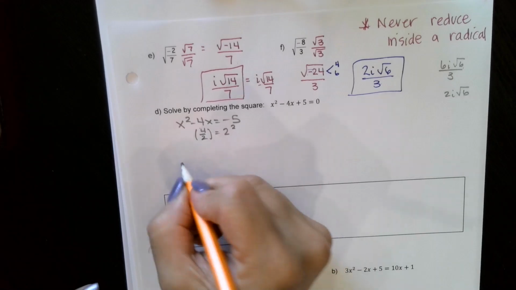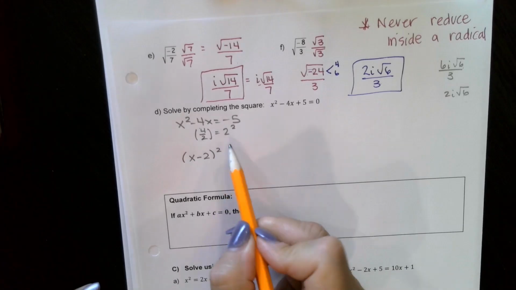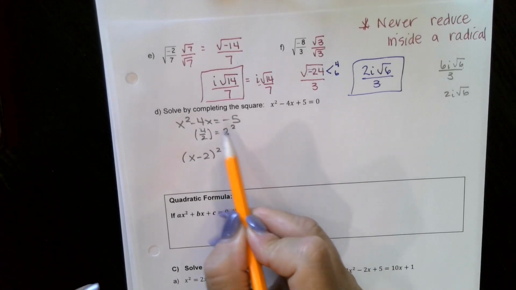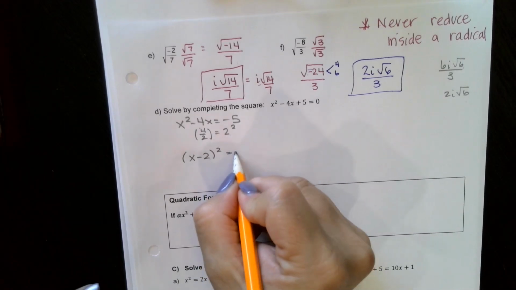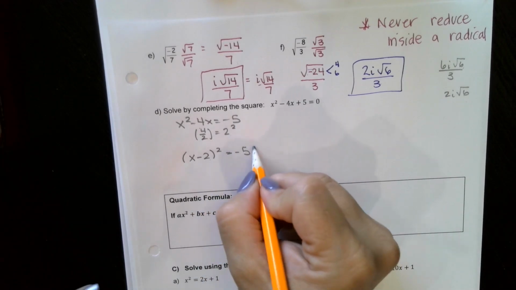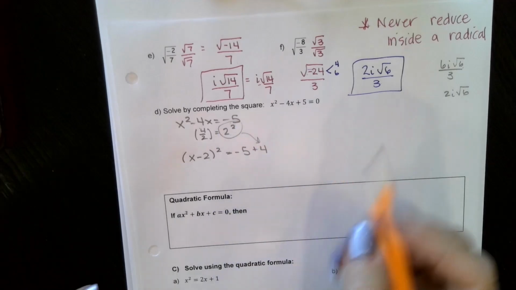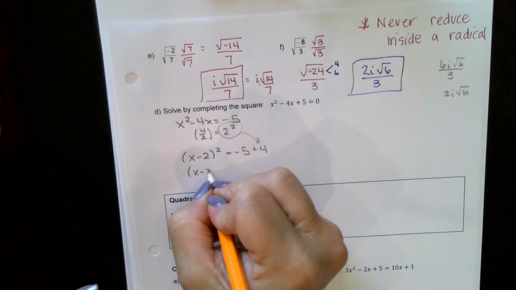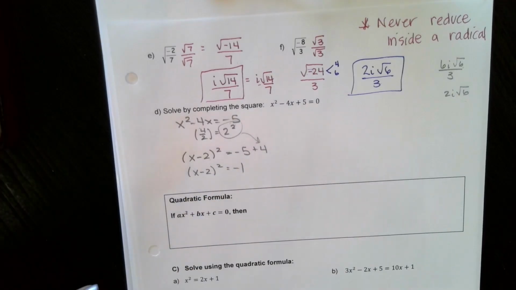So on the left side, I end up with x minus 2 squared. And here's why. This is 2. This is negative. So I have x minus 2. On the right-hand side, that negative 5 is there, and now I'm going to add 4. So this 2 squared is my 4, so this gives me x minus 2 squared equals negative 1.